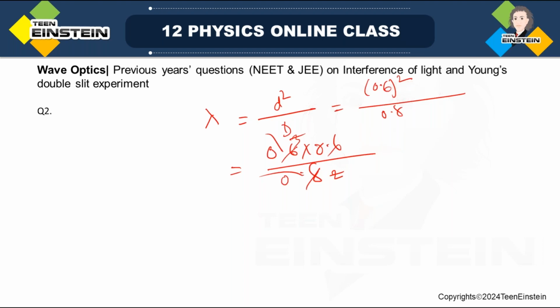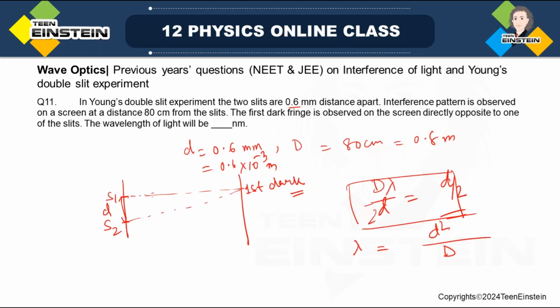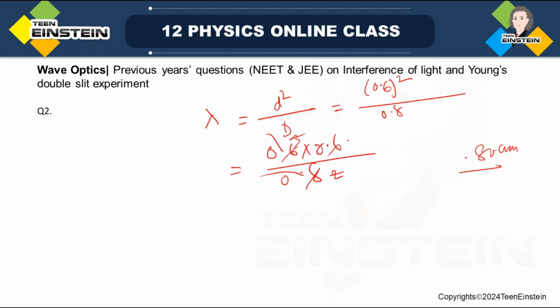Lambda by 2, the 2 got cancelled. 80 centimeter, that is 0.8 meter. And 0.6 millimeter, 10 to the minus 3 would be there, 10 to the minus 3 into 10 to the minus 3.